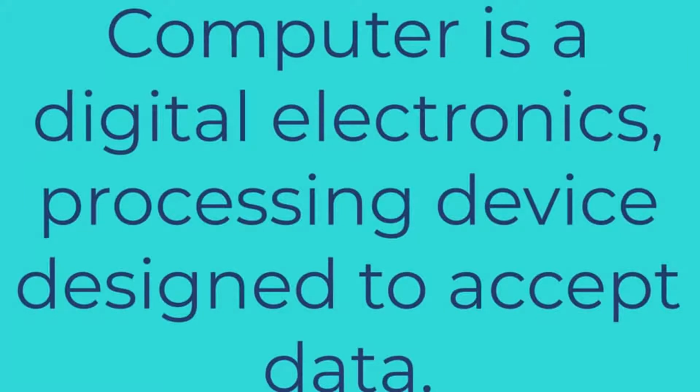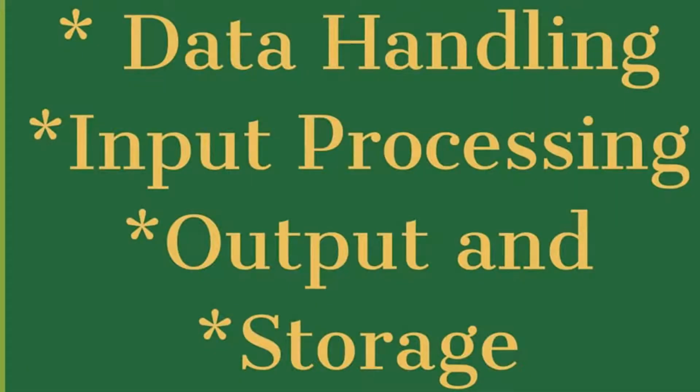A computer is a digital electronic processing device designed to accept input data, process them, produce output results, and store results for future use. To function, a computer system requires 4 main steps: data handling, input processing, output and storage.